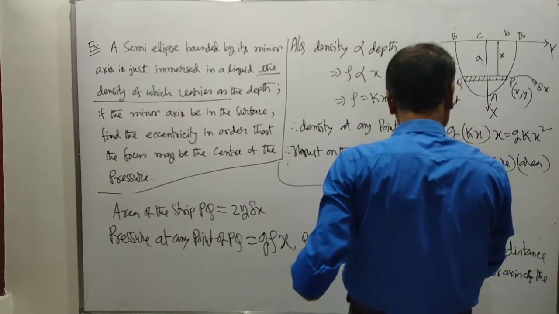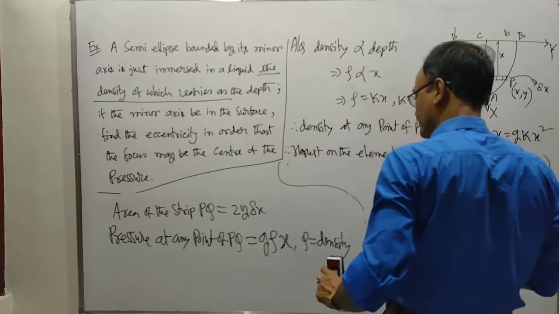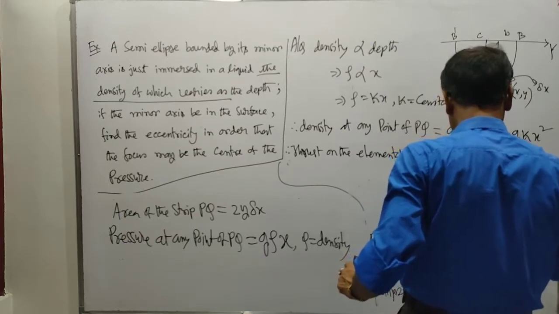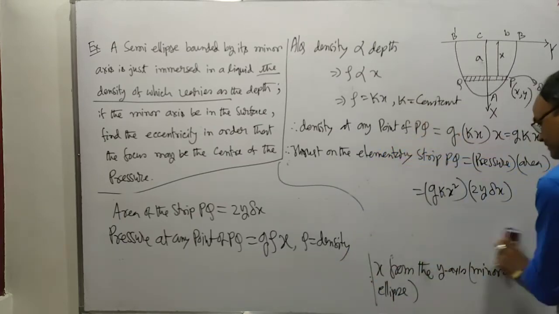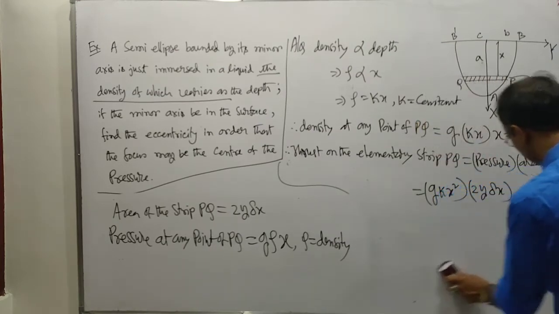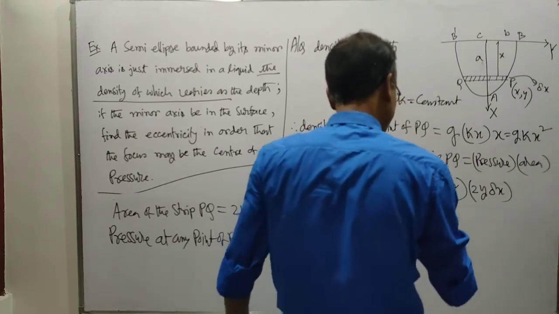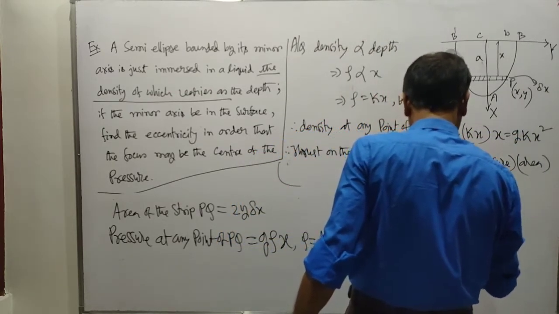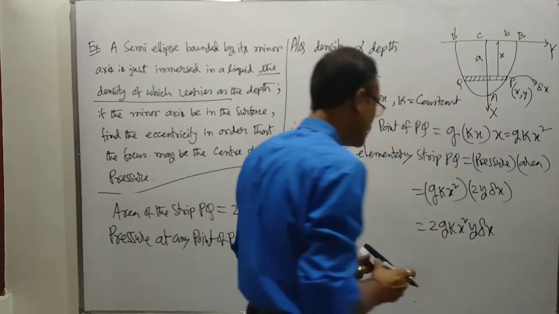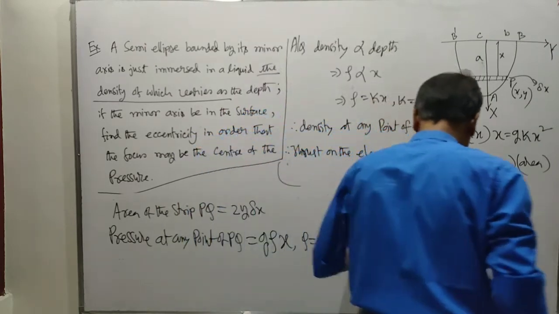This is equal to g k x square into area, area equal to twice y delta x. This is equal to twice g k x square y delta x.